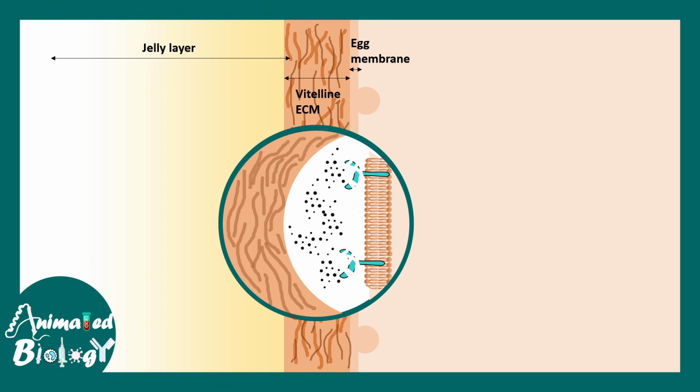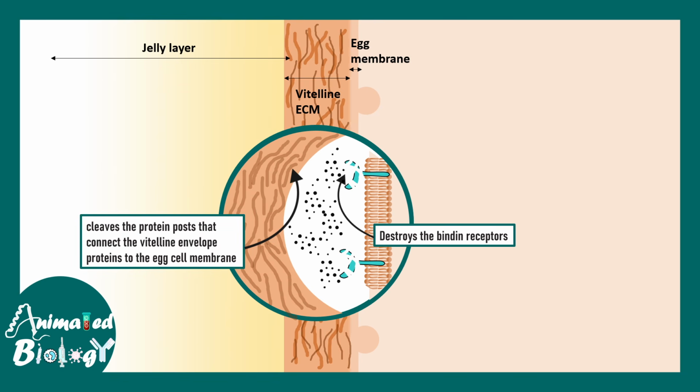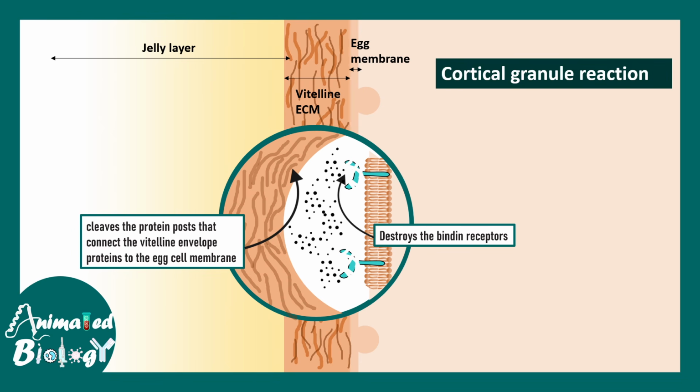Second of all, the receptors that were essential for sperm binding are now cleaved or destroyed using these serine proteases as well. So all these phenomena make sure that a second sperm cannot make its way in. This is known as the cortical granule reaction, and this is the sole molecular event underlying the slow block.